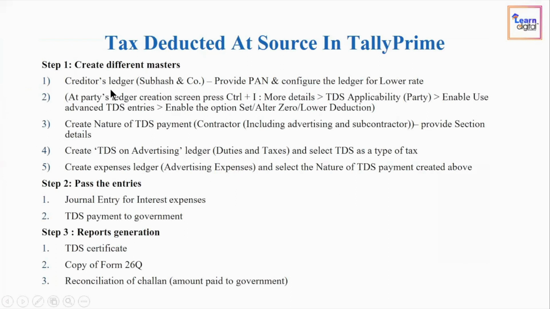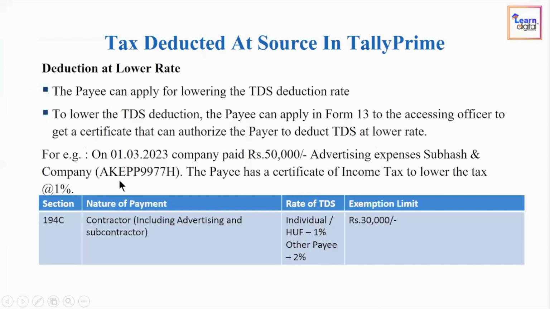Now we will create the creditors ledger, Subhash and Company, and provide all the details. Also we will configure the ledger to get TDS deducted at a lower rate. The name of the company is Subhash and Company, and I have the PAN number of the company.